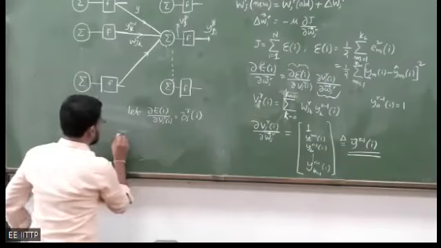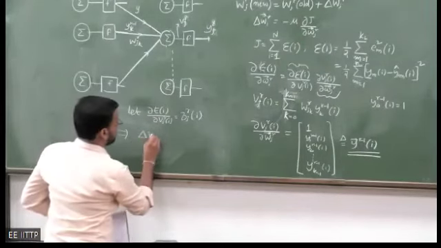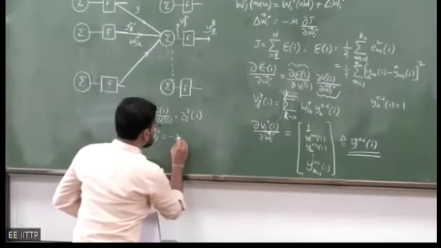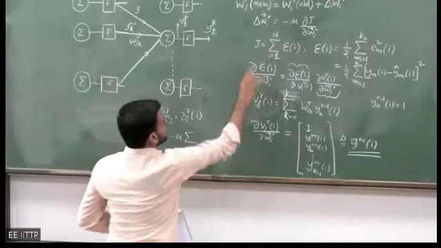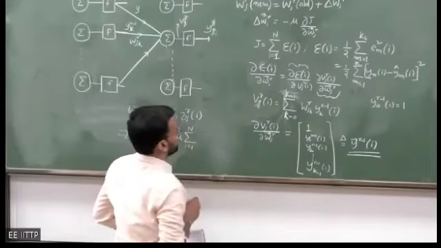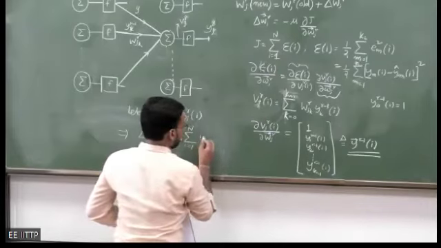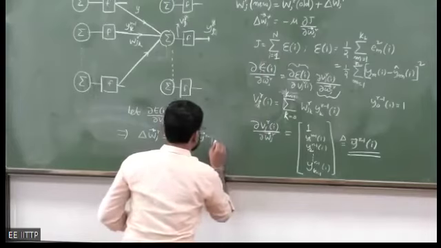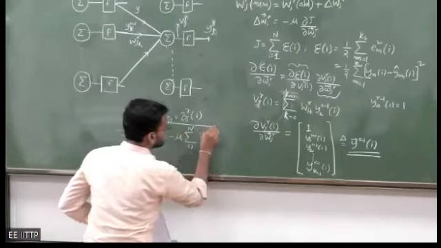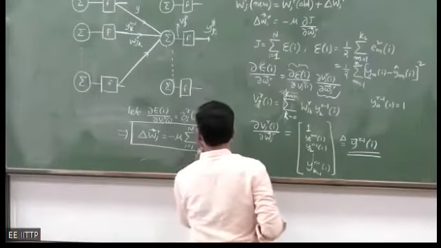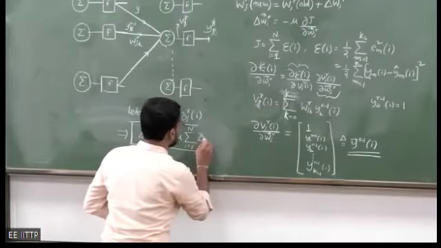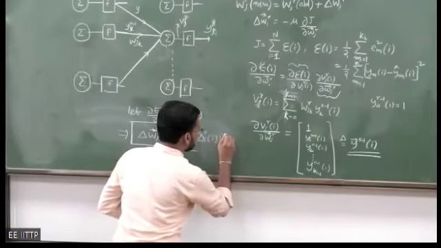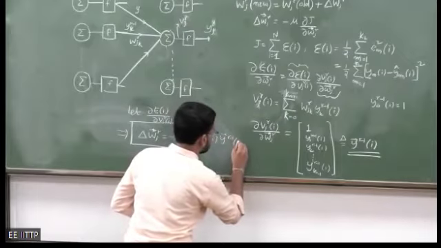So where I will stop here is at this point: delta w j subscript r bar is equal to minus mu into summation over I equal to 1 to n of delta j subscript r of I into y bar coming from the r minus 1th layer for the ith sample.